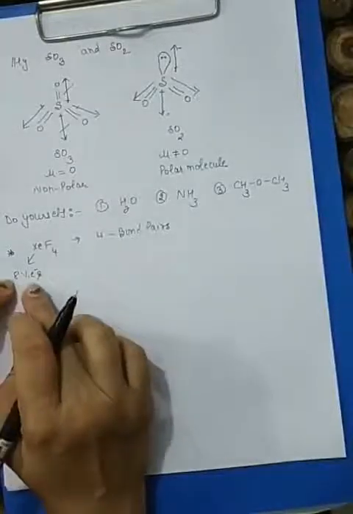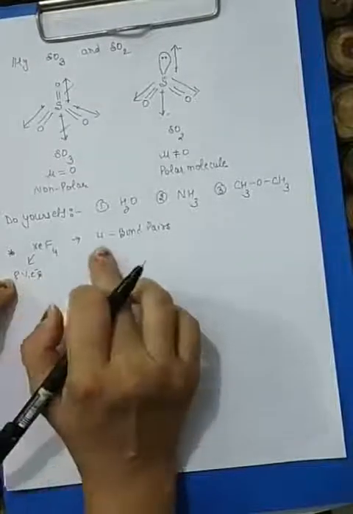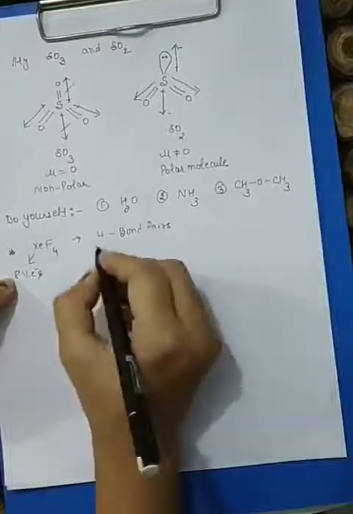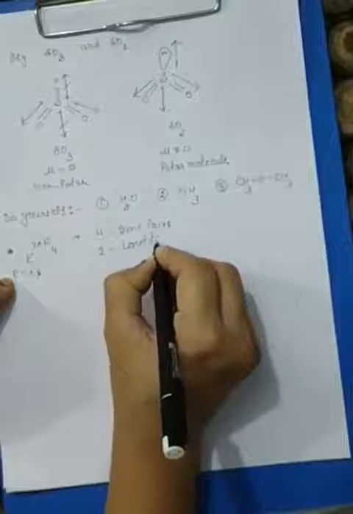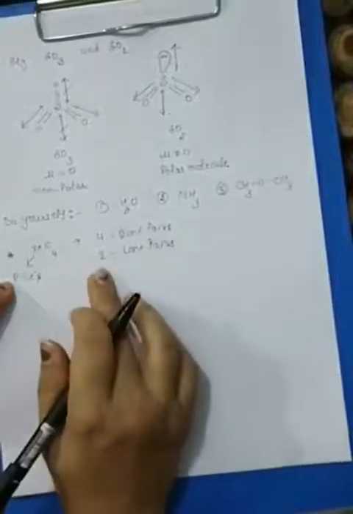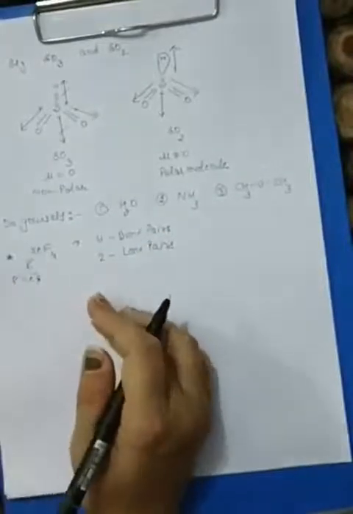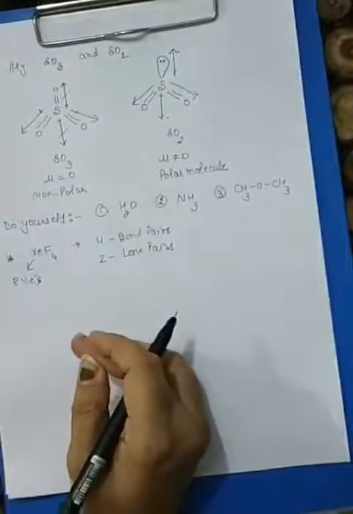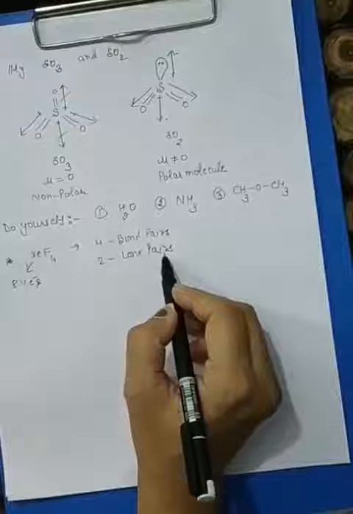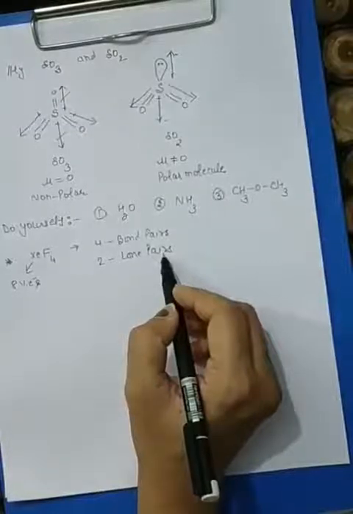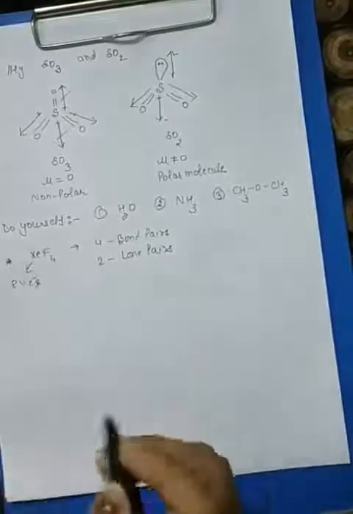Out of these valence electrons, 4 are used to form bond pairs and 4 are used to form lone pairs, so the lone pairs are 2. As we discussed, according to our rules, if a molecule has a lone pair, then its mu is not equal to 0.